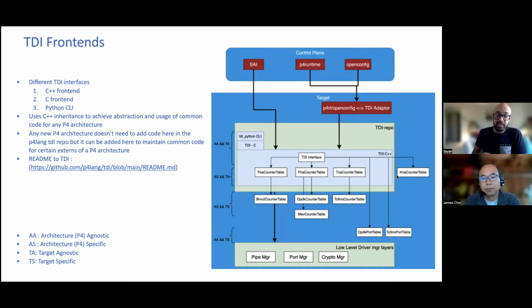If someone doesn't want to adhere to a P4 architecture, they can just, for example, port tables, and directly inherit from the top level interface. So this diagram is showing the C++ inheritance, and as you can see, it provides flexibility in all different ways.